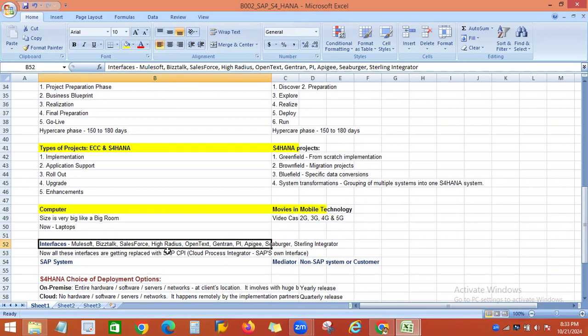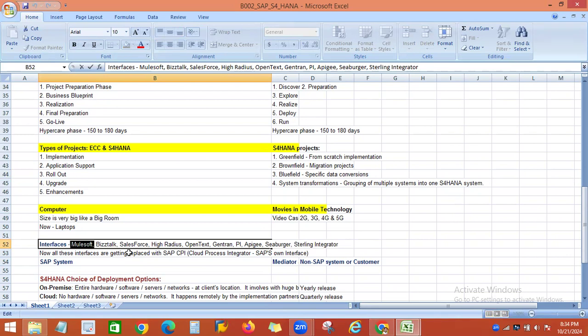There are n number of interfaces available in the market, for example MuleSoft, Bstock, Salesforce, HighRadius, OpenText, Gentran, PI, and so many others. If that many interfaces are there, that much setup infrastructure and that many skilled people are required to communicate with SAP.